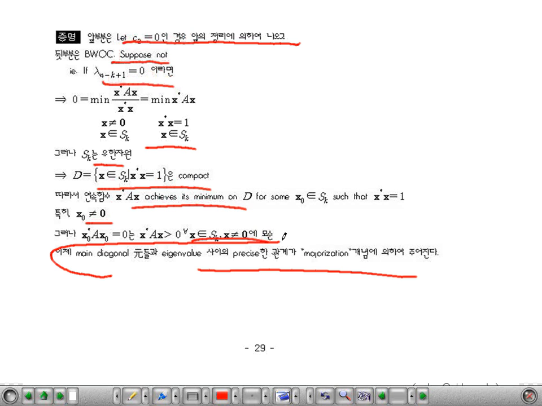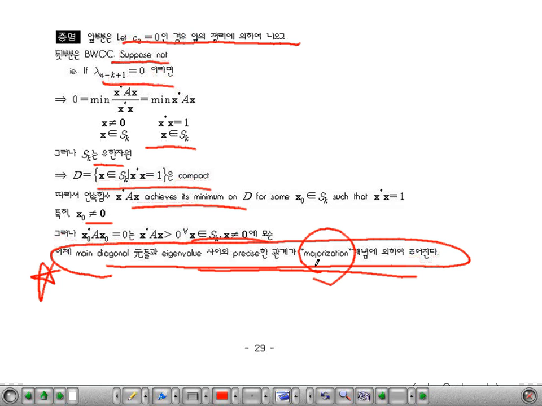Here, the next one is the main concept. The main diagonal entries and the eigenvalues have a very interesting relationship, which is called majorization. So, eigenvalues and diagonal entries.